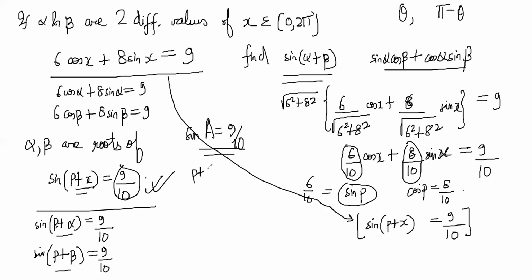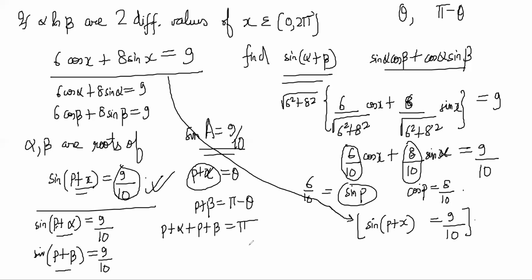So I'm saying if p plus alpha is theta, then p plus beta is pi minus theta. You understand what I'm saying? The sum of the two, p plus alpha plus p plus beta, is equal to pi.